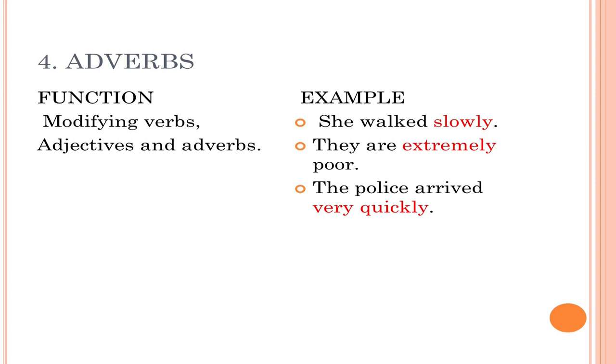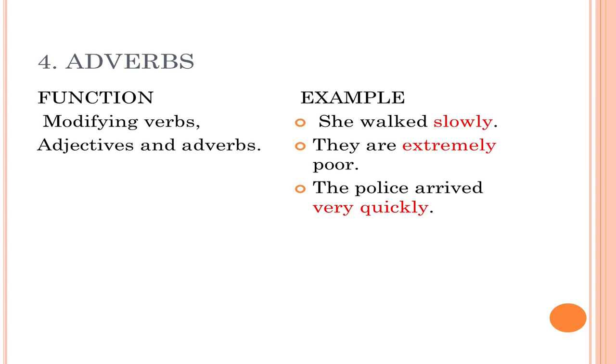Adverbs. An adverb is a word that is used to tell us more about verbs, adjectives, or other adverbs. So we say they modify verbs, they modify adjectives, they modify other adverbs. Adverbs answer the question how, why, when, and so on.